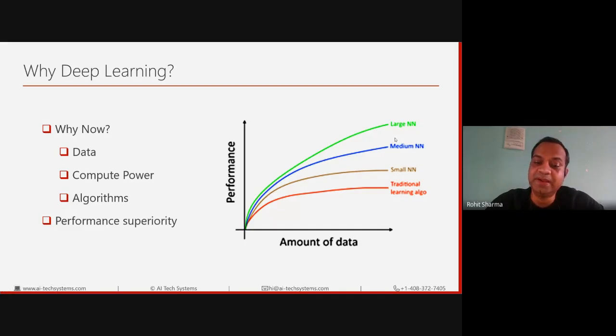So the point here is that with increasing amounts of data, and increasing the depth and the size of a neural network, your accuracy will continue to go up and hit close to 100%. So that's the idea. And why is this exciting? It's because back in 2000, we didn't have many images.